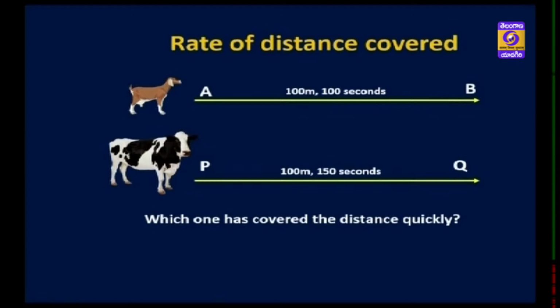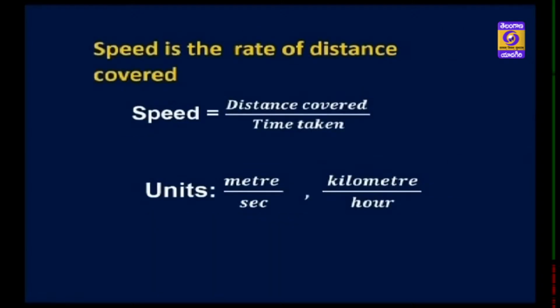Now if we look at these two, cow has taken more time to travel the same distance. So we can say goat has covered the distance quickly, or goat has traveled with a greater speed. So speed is the rate of distance covered. So we can calculate speed by using the formula distance covered by time taken. The units are meter per second or kilometer per hour.